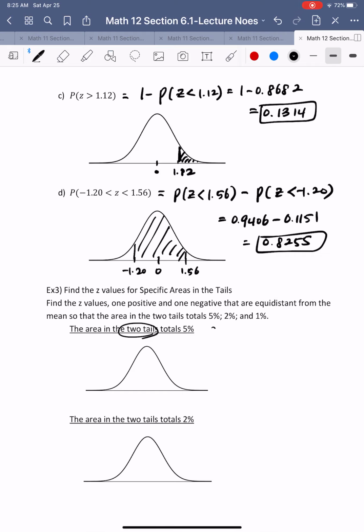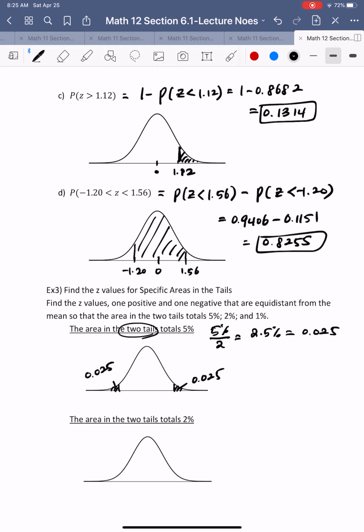So 5%, if you divide by 2, it's going to be 2.5%, which is 0.025. So this is the area of 0.025, and this is also 0.025, which added up is 0.05.